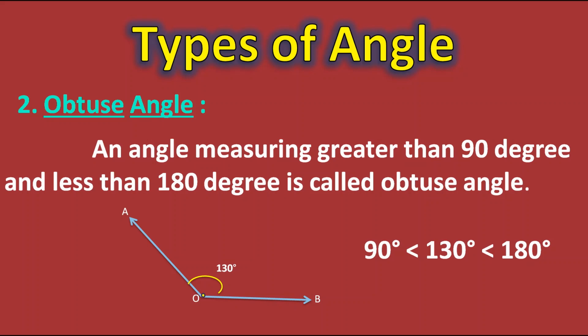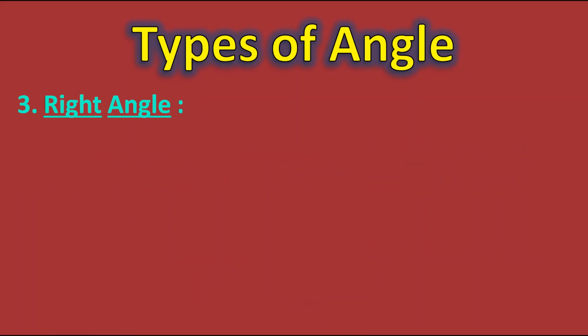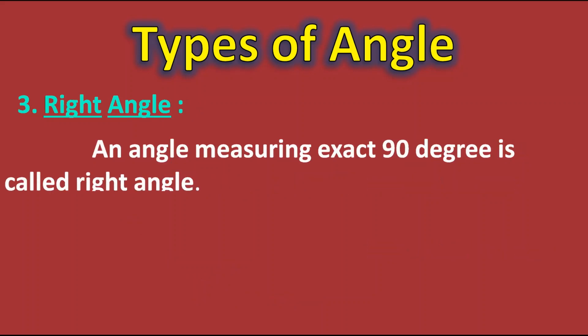Therefore, this angle is an obtuse angle. Okay. Next is right angle. An angle measuring exactly 90 degrees is called a right angle. So, this is the angle which is measuring 90 degrees, exactly equal to 90 degrees. Therefore, this angle is called a right angle.